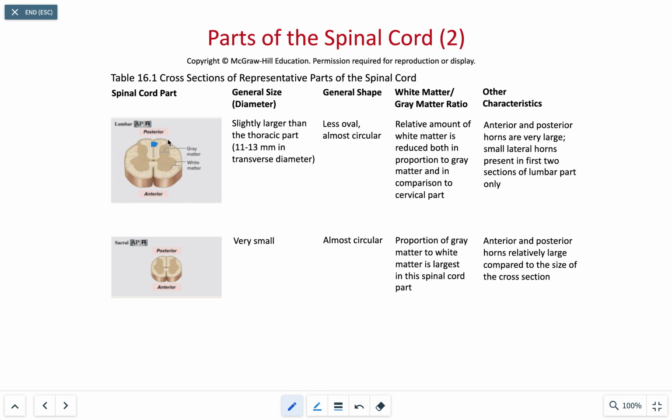The anterior and posterior horns of the gray matter are extremely large, and we don't really see much of a lateral horn in the lower lumbar aspect. Also, in the sacral plexus, we see the anterior and posterior horns again are relatively large in this picture, the same as the lower lumbar.